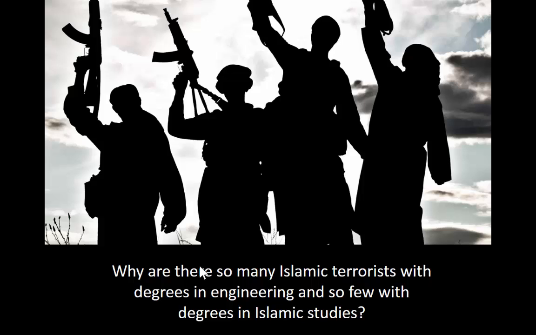For example, that engineers in Muslim countries such as Turkey are more likely to become terrorists than engineers in Saudi Arabia. Here the reason is that it's possible to find good employment in Saudi Arabia, and at the time it wasn't that possible in Turkey or in other parts of the Middle East.